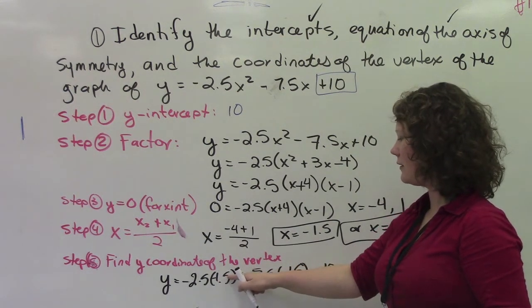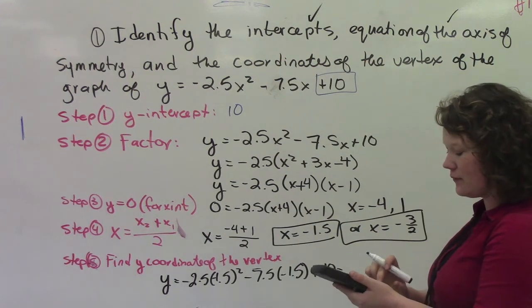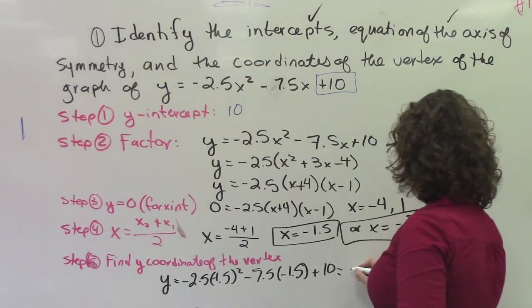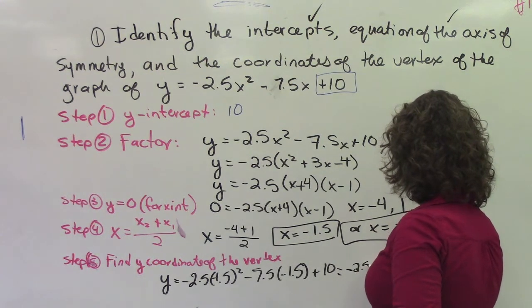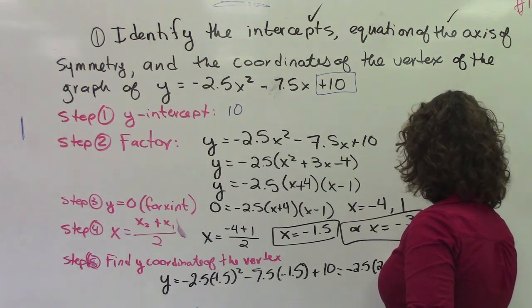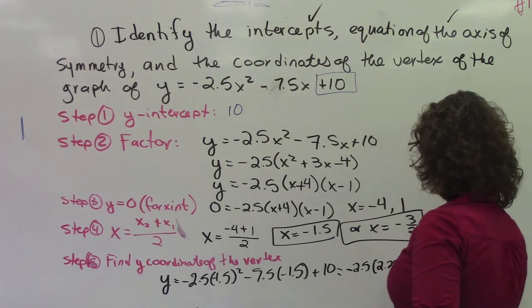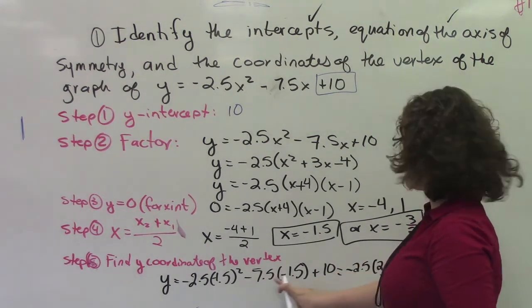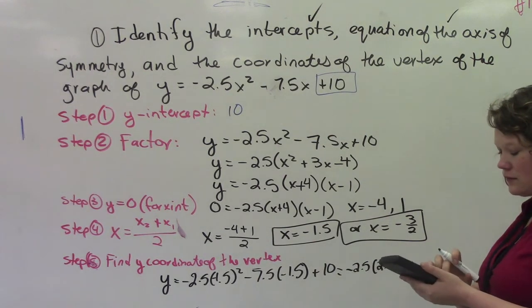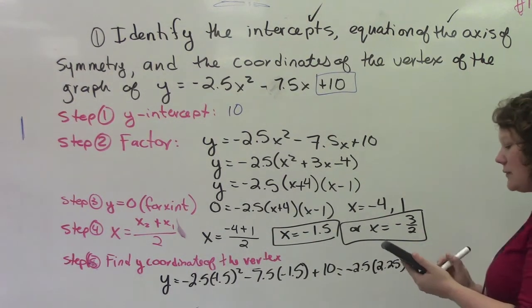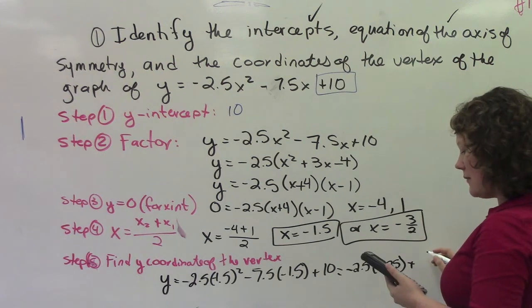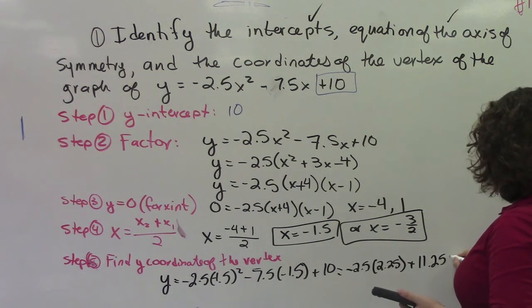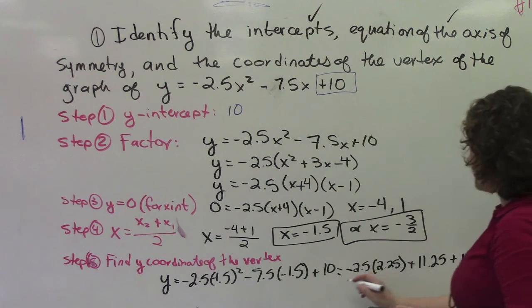Now negative 1.5 squared is 2.25. So I have negative 2.5 times positive 2.25 plus, because we have negative times a negative, 7.5 times 1.5, that's going to be 11.25, plus 10.